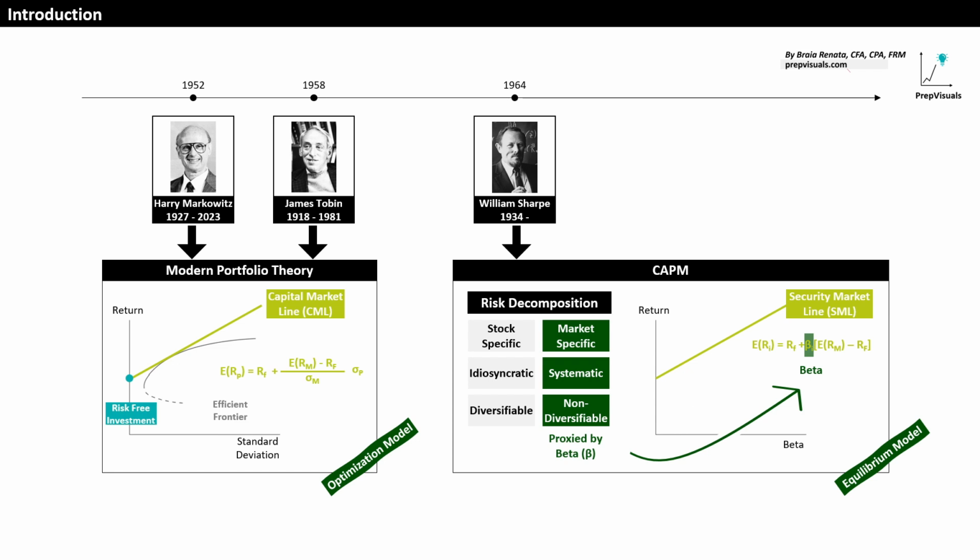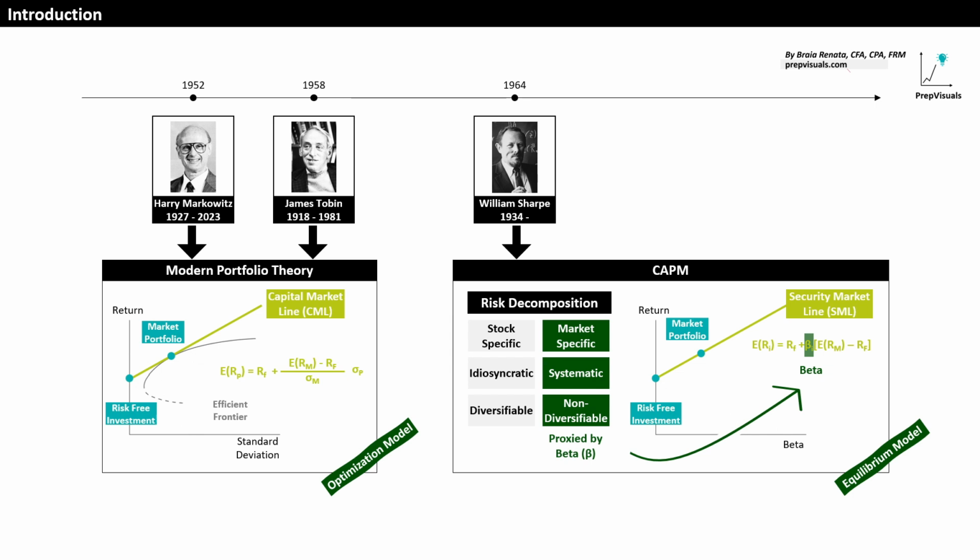Now, all of this will be covered in much greater detail in later lessons, but for now, what I want you to notice is that both the security market line and the capital market line connect the risk-free investment with the market portfolio, but they do so in slightly different ways.